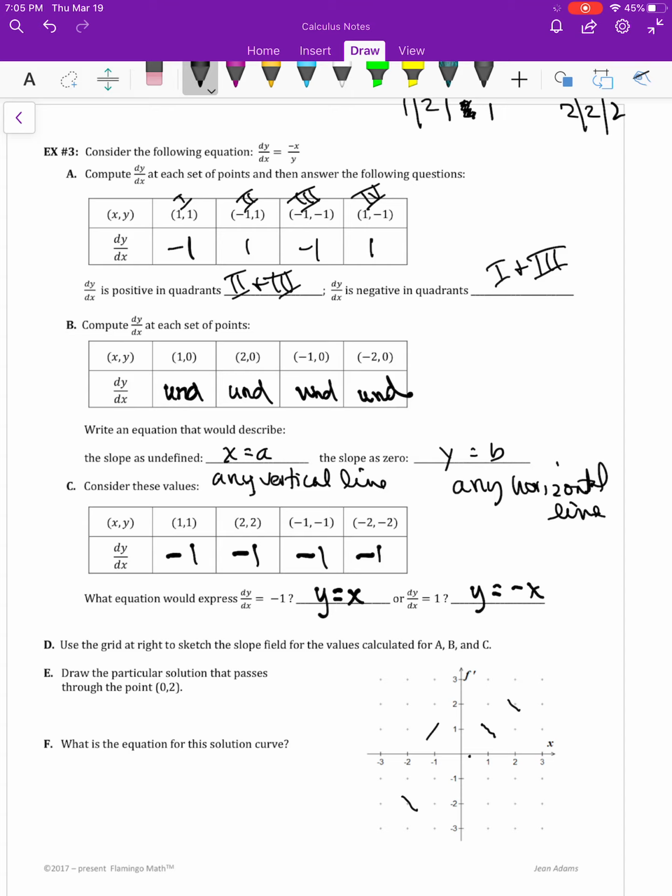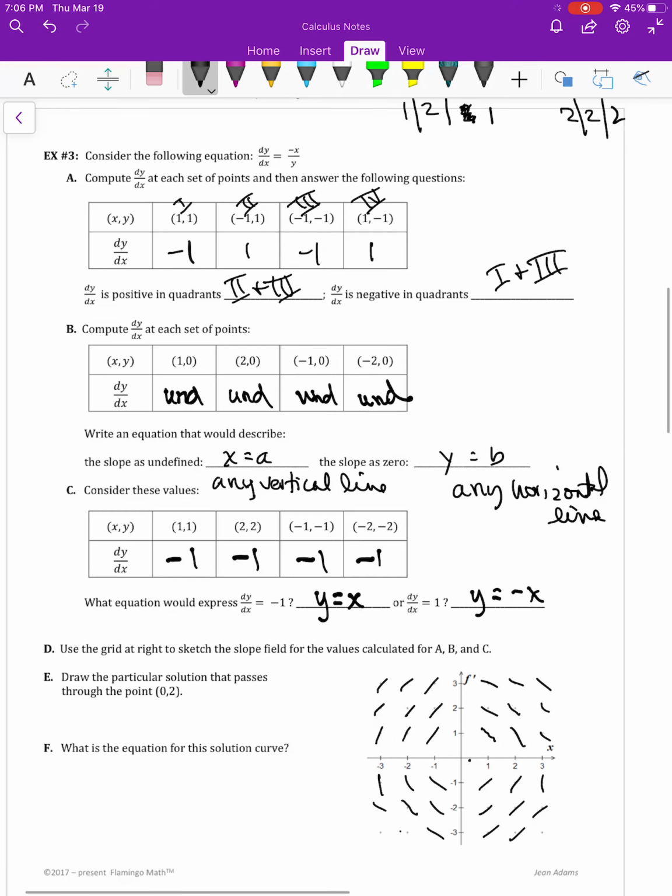So what ends up happening here is that you end up with a slope field that looks like this. I'm just going to go ahead and let you put those in, because this is what it ends up looking like when you put them all in.